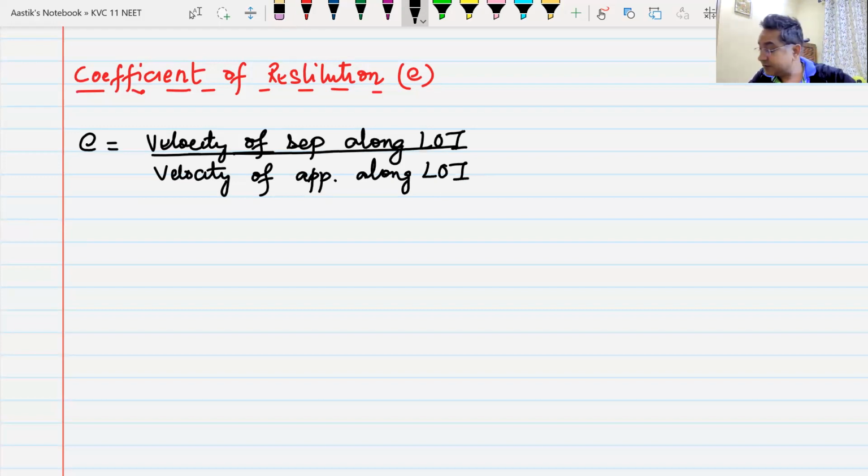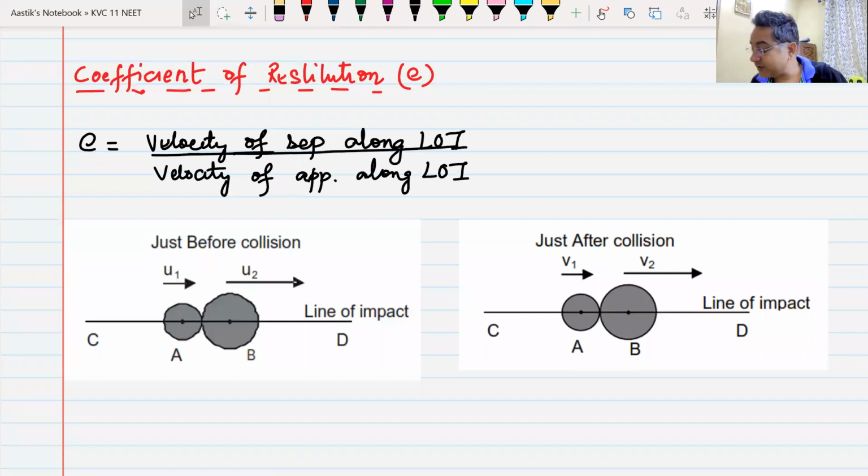Now see, this is a diagram that I have taken. Two bodies colliding. Body number 2 is moving ahead and body number 1 is impacting it from behind. Here the initial velocity u1 is greater than u2. Right? Then only this back body will be able to impact this. Do we understand this?